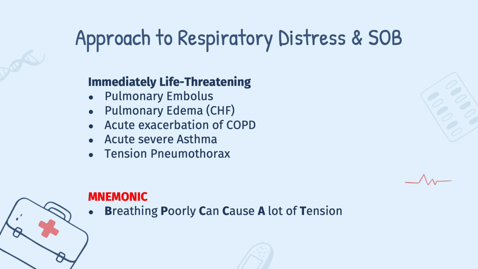And then really, after considering all of the immediate life-threatening diagnoses, thinking about it from an anatomical approach can be really useful in helping to identify some of the other causes of breathing difficulty. So really having an organized approach is going to be your friend in the emergency department.